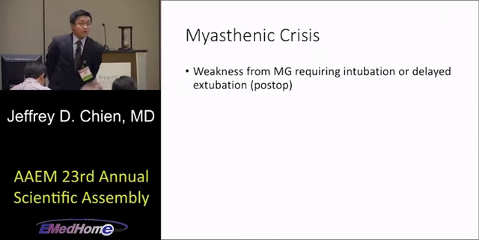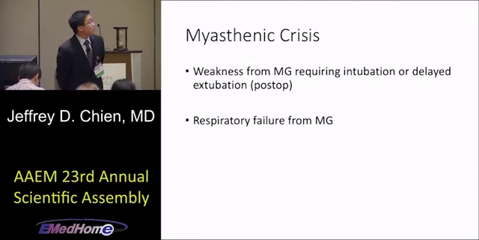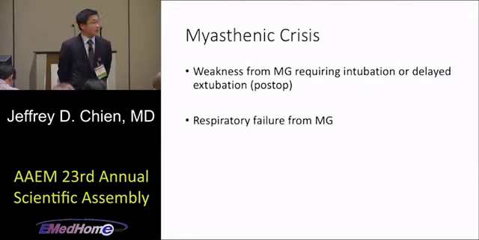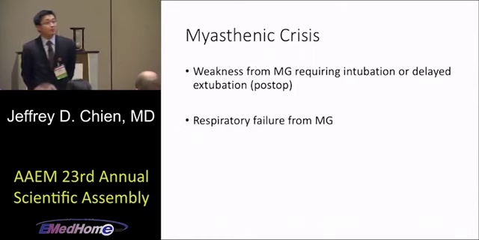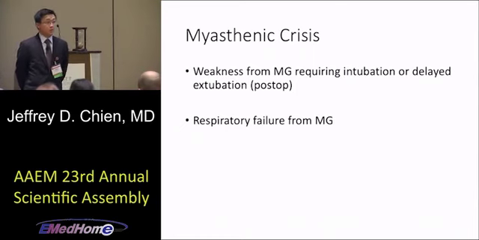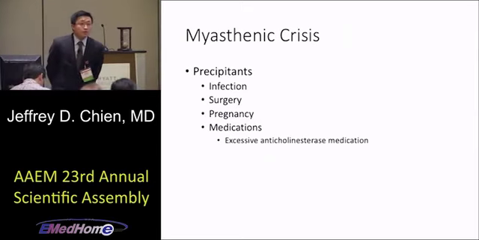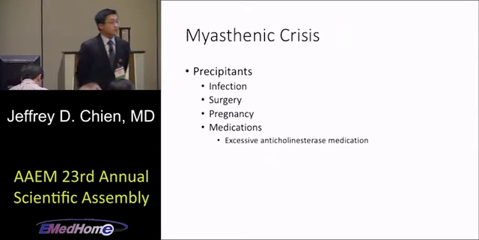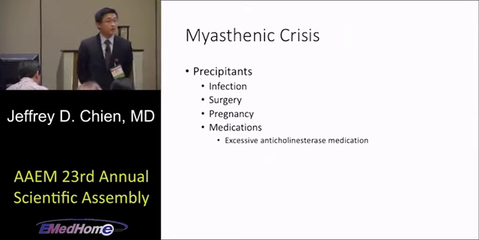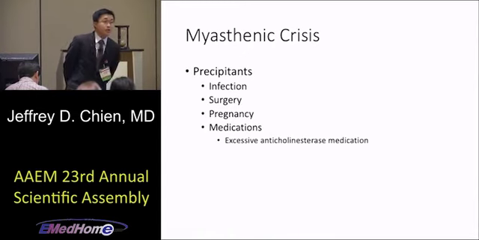But we care about crisis, and crisis is defined as weakness from myasthenia that requires intubation or delayed extubation, namely respiratory failure attributable to myasthenia. The precipitants for myasthenic crisis can range from infection to surgery to pregnancy, but one thing of special note is medication.